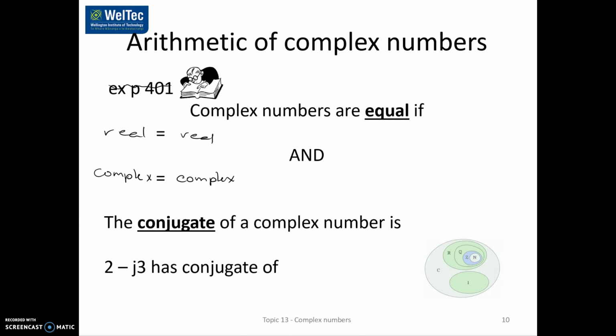The conjugate of a number is simply formed by changing the sign. So changing the sign in the middle, so 2 minus j3 has a conjugate of 2 plus j3.